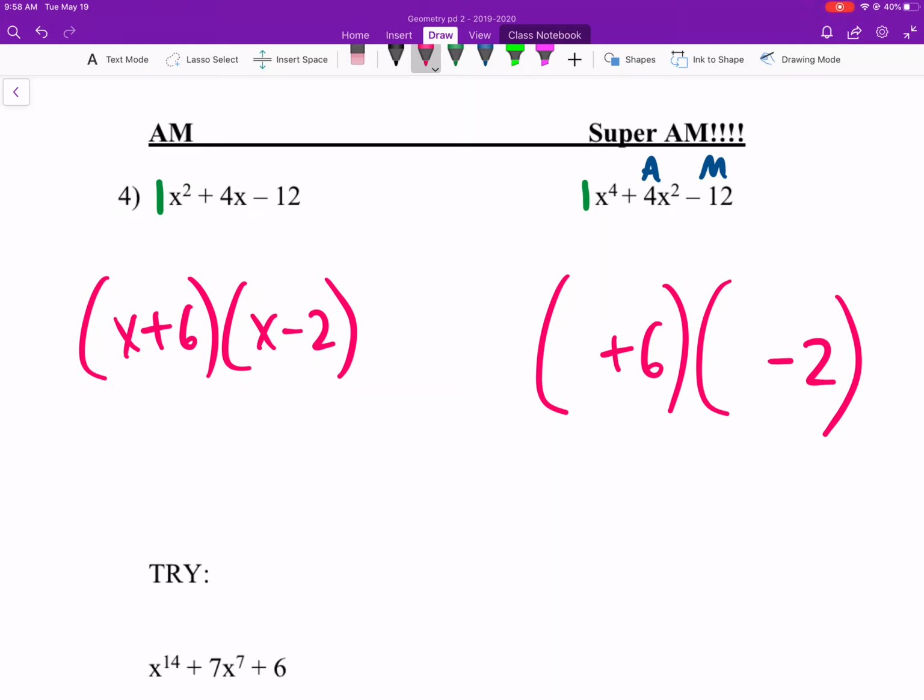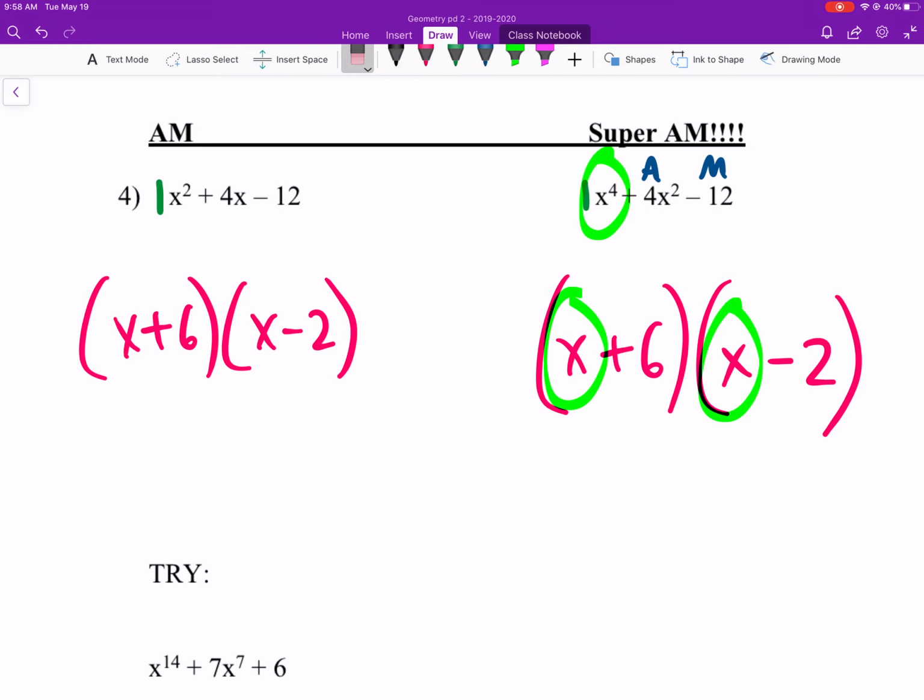Now, if we were to put our normal AM here, if we were to put x and x, and we multiplied those, x times x, does that give you x to the 4th power? The answer is no. So we have to do something different.